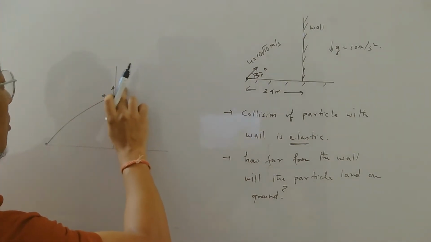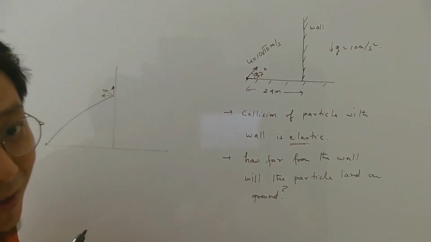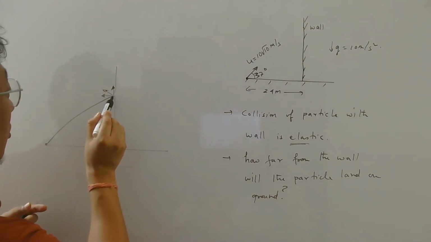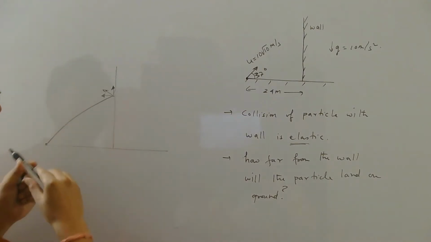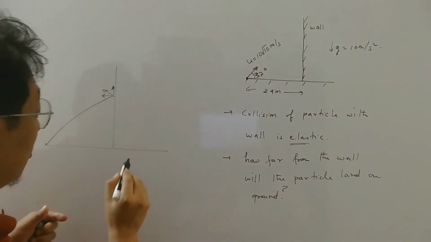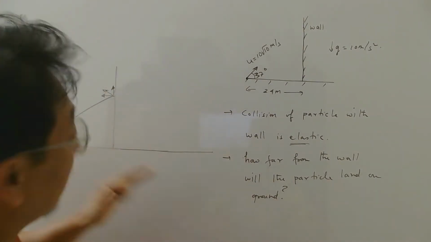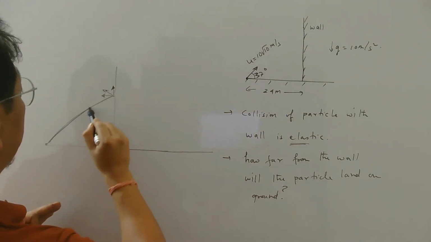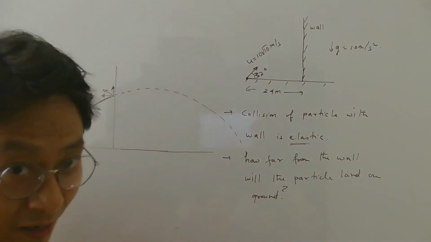So now your new velocity will be this side, right? And since magnitude will be the same, it will follow the same path but this side, because now the resultant velocity is here. So whatever path it would have traveled if there was no wall, it would have traveled this path, right?